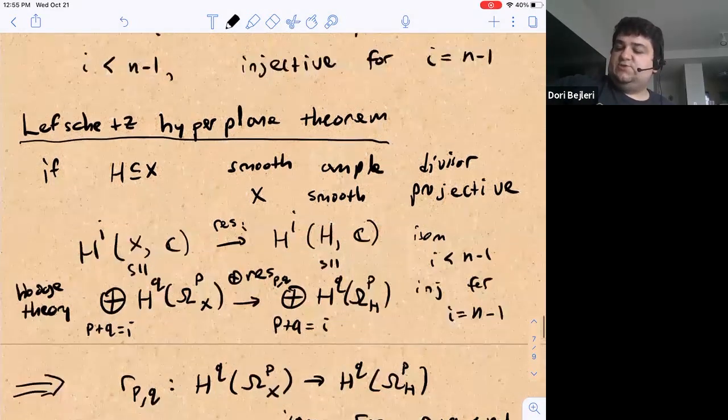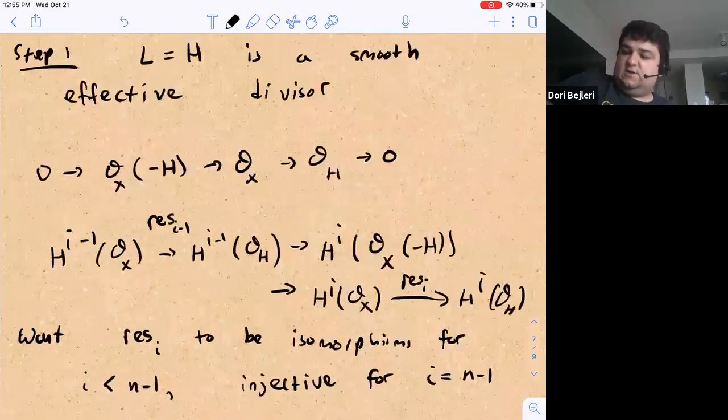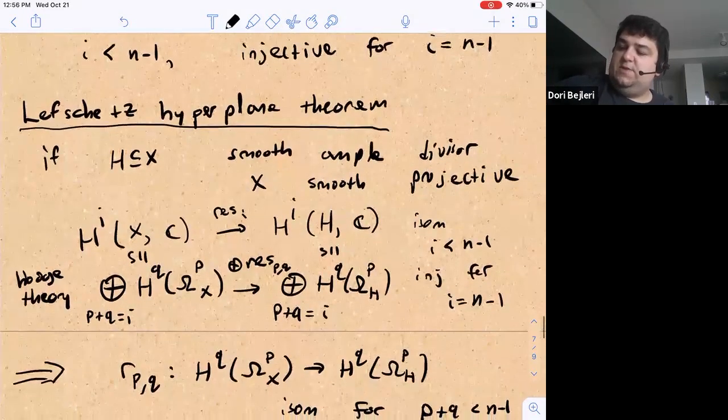But these restriction maps, as a special case, are these restrictions on O, because these are the cases where p is 0.